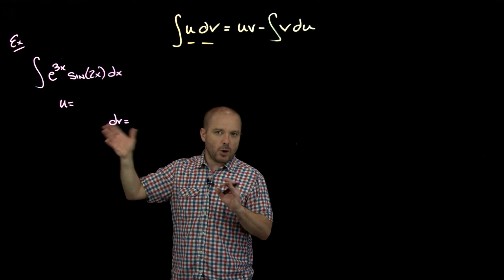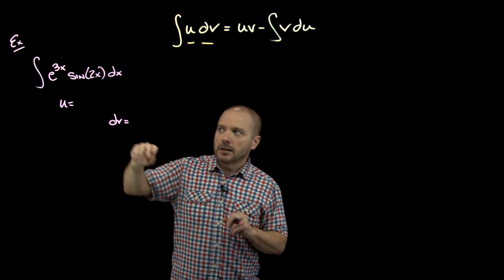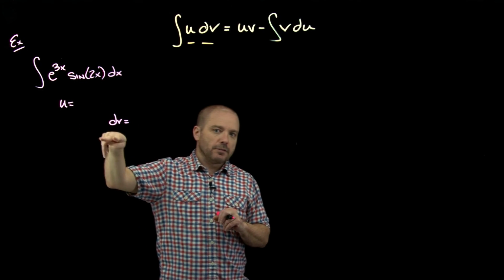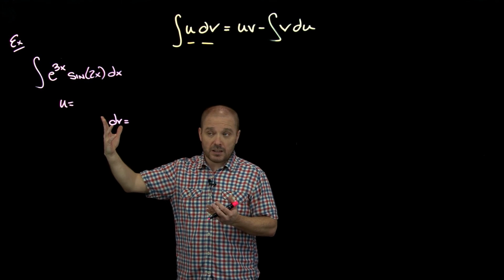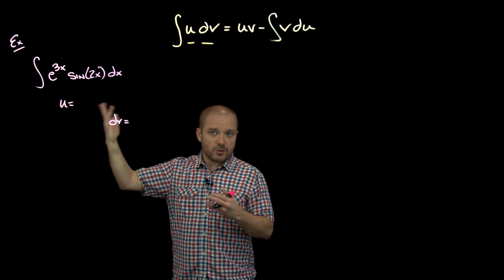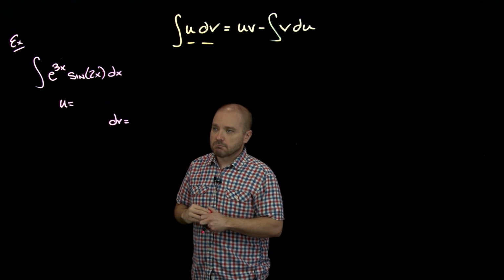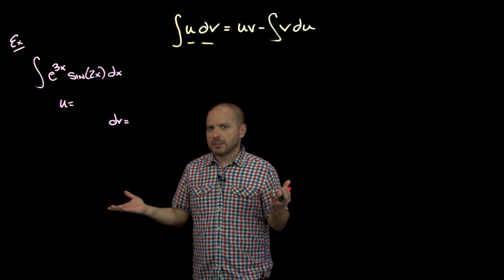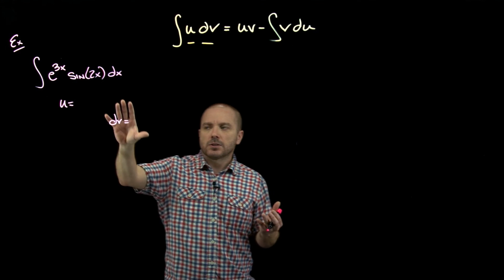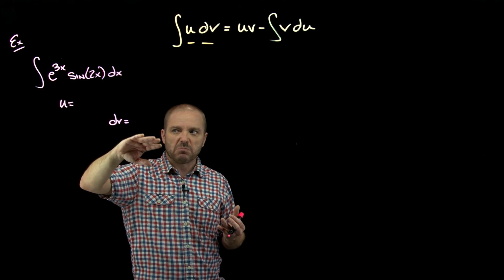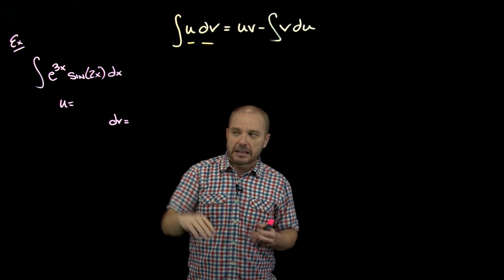So there seems to be no preference for where that goes. Sine, differentiating sine just leads to cosine, so not any easier or harder. And integrating sine leads to cosine. So not really any easier or harder there either.